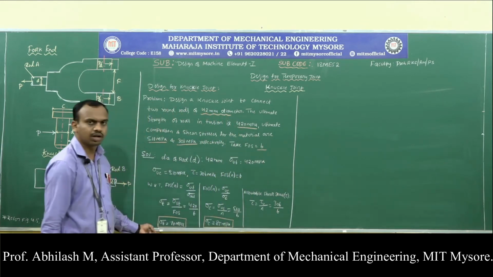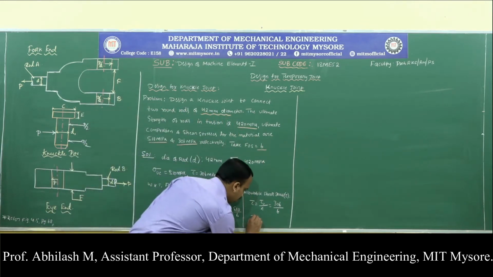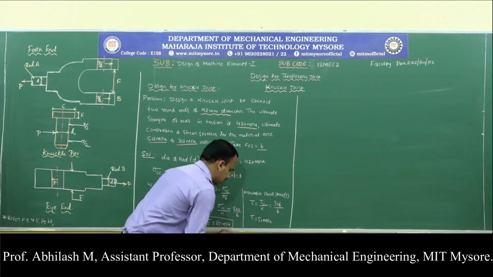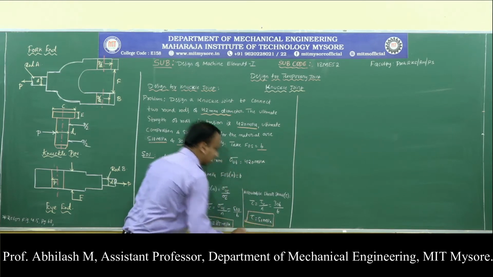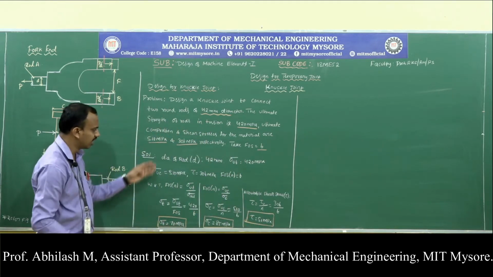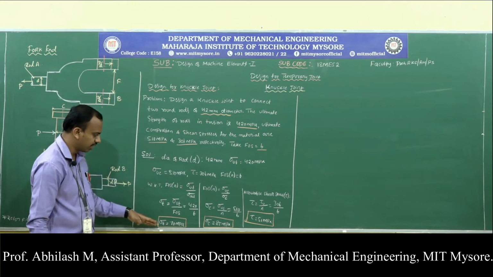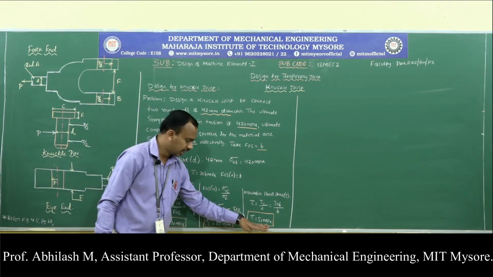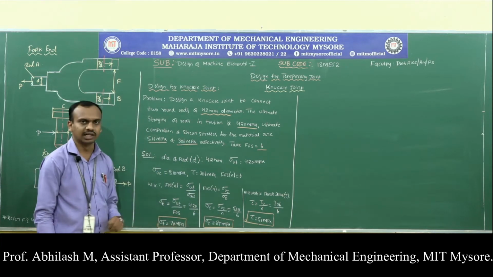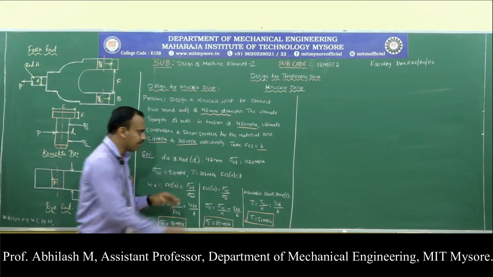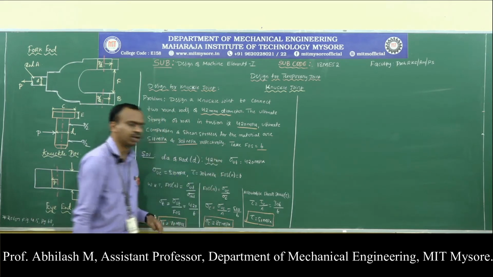So the value of tau is 51 megapascal. So from the given data in the problem, we have identified the allowable stresses, that is the shear stress, the compressive stress as well as the tensile stress, having the diameter of 42 millimeter.